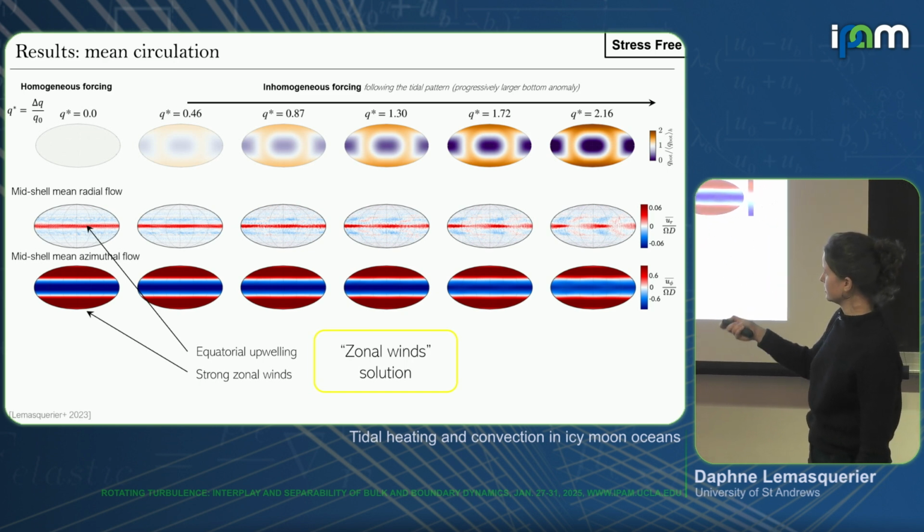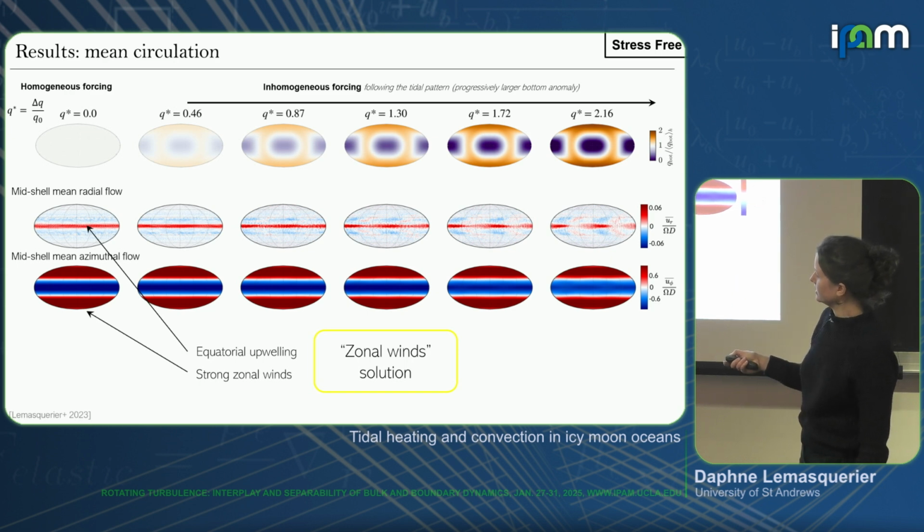What you get here is what Krista published in the past in the case of a homogeneous heating scenario. You have this upwelling at the equator, which leads to a higher heat flux at the equator, and strong zonal winds, retrograde in the equatorial region and prograde at higher latitudes. This is what I'm going to call the zonal winds solution in the following.